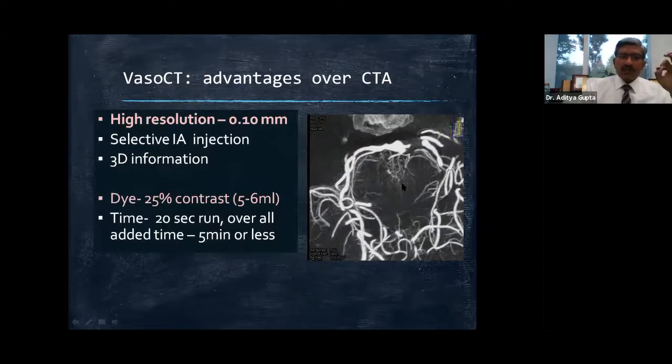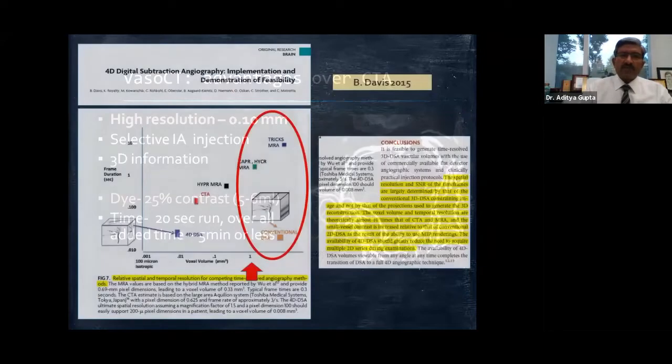Now, this kind of a high resolution of 0.1 millimeters is not achievable by using a standard CT angiography or a MR angiography, which is used in many institutions for Cyberknife radiosurgery. Only 25% of the normal quantum of contrast is used for this, and it adds only 5 minutes to do this when you're doing a DSA for the patient.